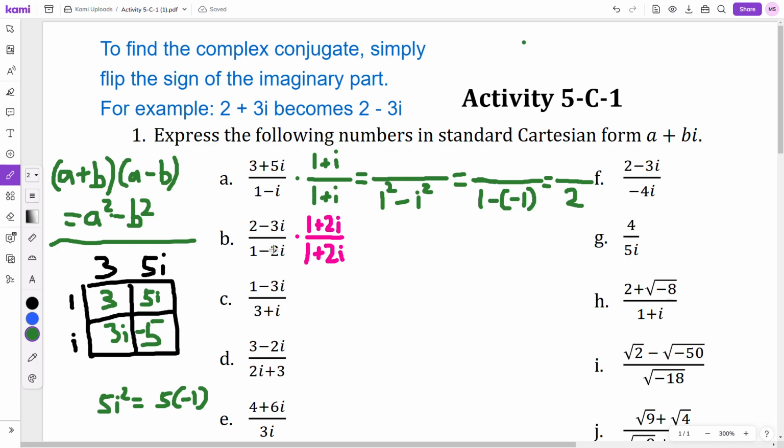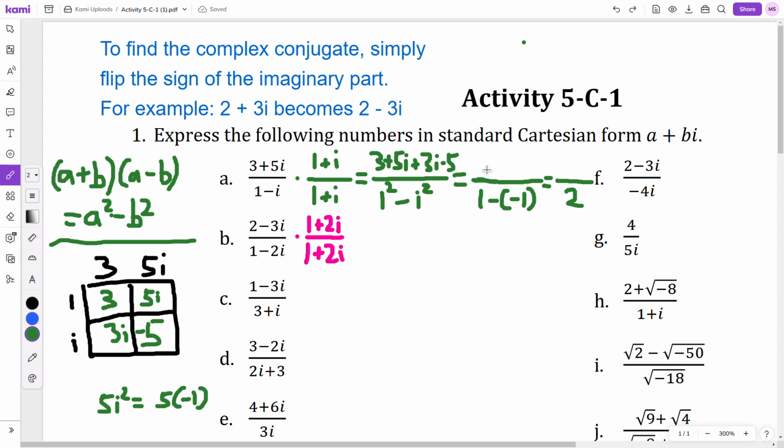Okay, moving on. So this simplifies then to 3 plus 5i plus 3i minus 5. And so that's going to give us 8. Oop, not 8.